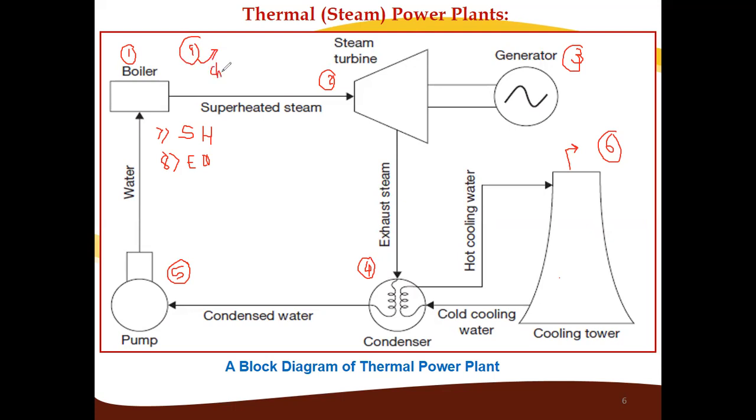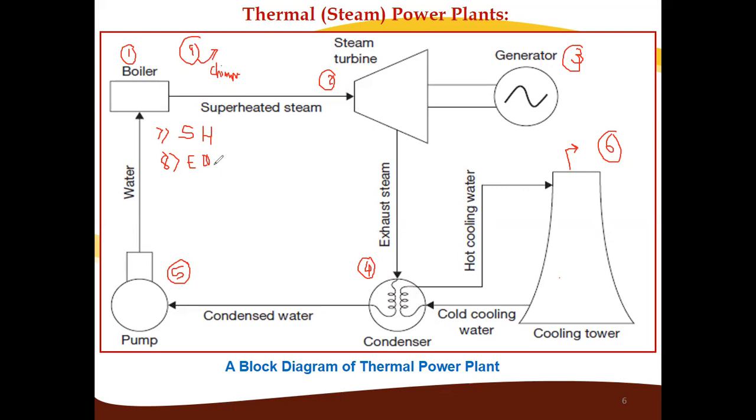So if you see, there are 9 parts of this steam or thermal power plant. Mainly it is the boiler, steam turbine, generator, condenser, then the feed water pump or feed pump. Then we have the cooling tower, then superheater, economizer, and chimney.